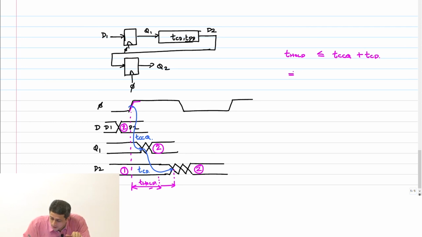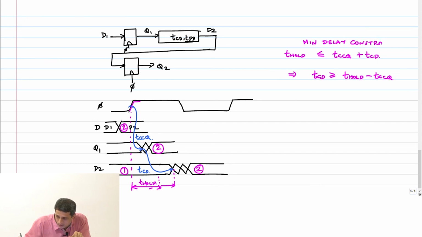So what does this mean? It implies that T_CD should be greater than or equal to T_hold minus T_CCQ. So this is called a min delay constraint.